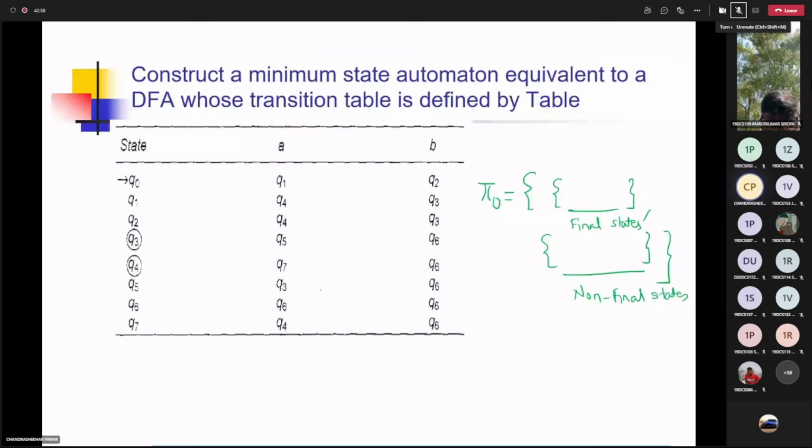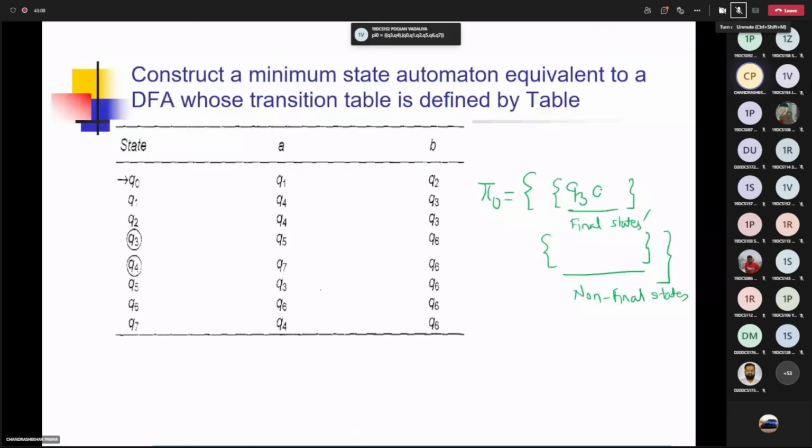So how many final states are here? Q3 and Q4. Correct.